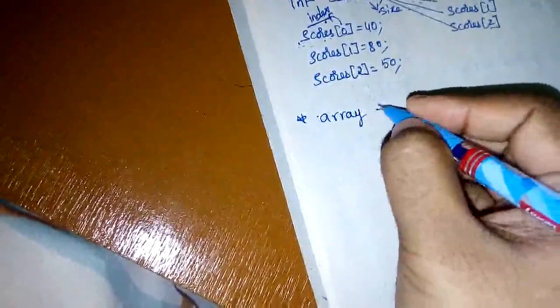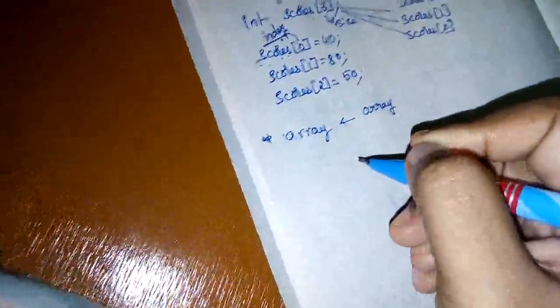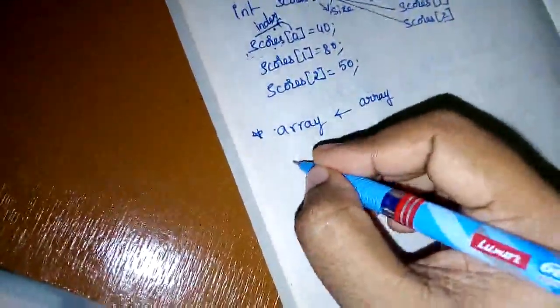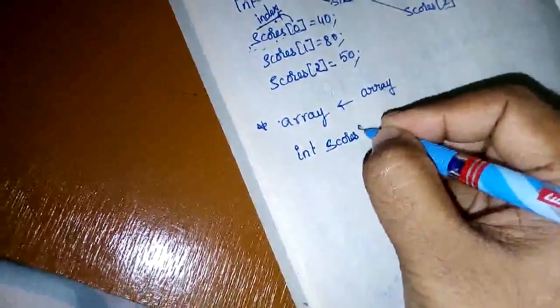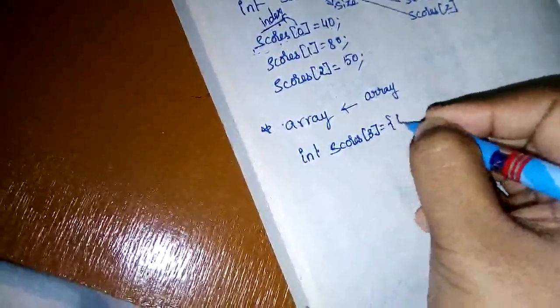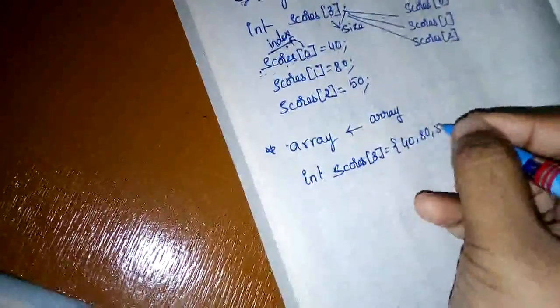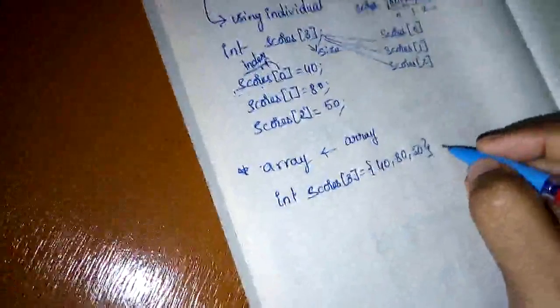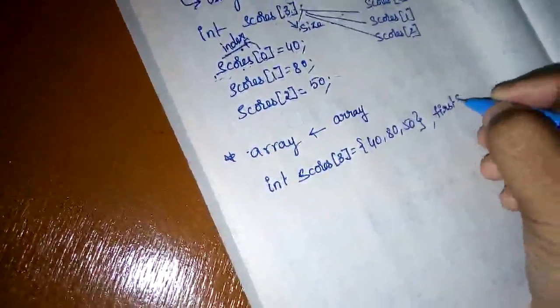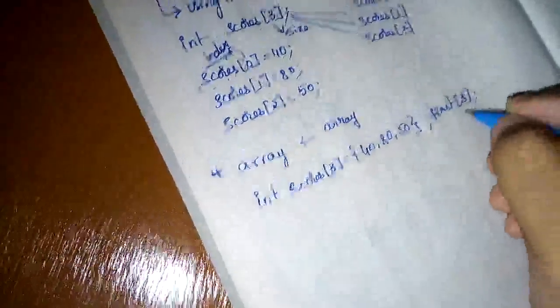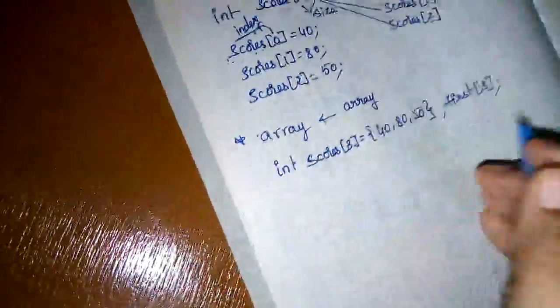But remember one thing: we cannot assign an array into an array. One complete array cannot be assigned into another complete array in a single step. Say, for example, we have scores of 3 is equal to 40, 80 and 50, and we have defined one more array, first of 3, and I have not initialized values into it.